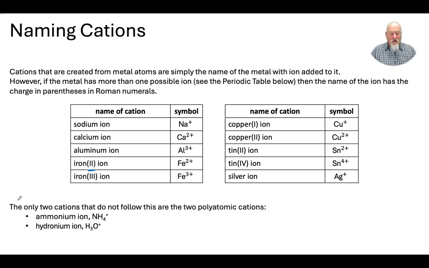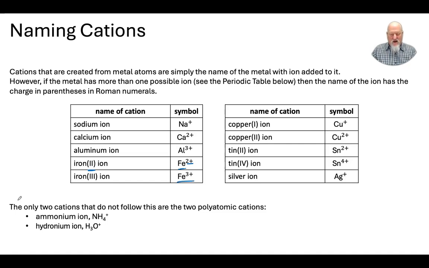So, for example, Fe2+, the iron ion that has a 2+ charge, we call the iron(II) ion. Notice that we put parentheses and Roman numerals for the charge. So it's 2+, so the Roman numeral is II. Also notice there's no space between the last letter of the metal name and the first parenthesis. So the iron(II) ion is Fe2+.